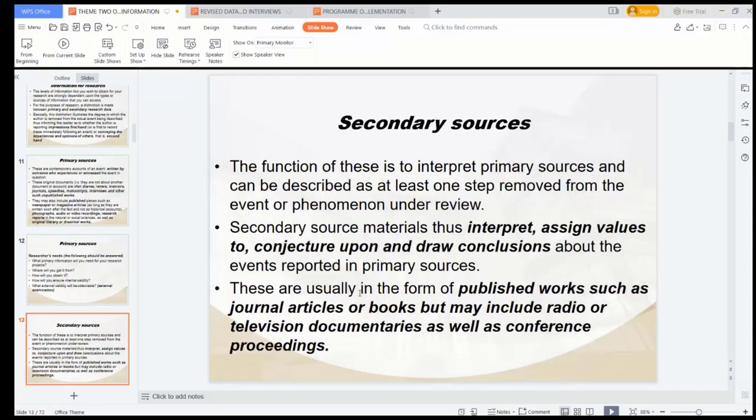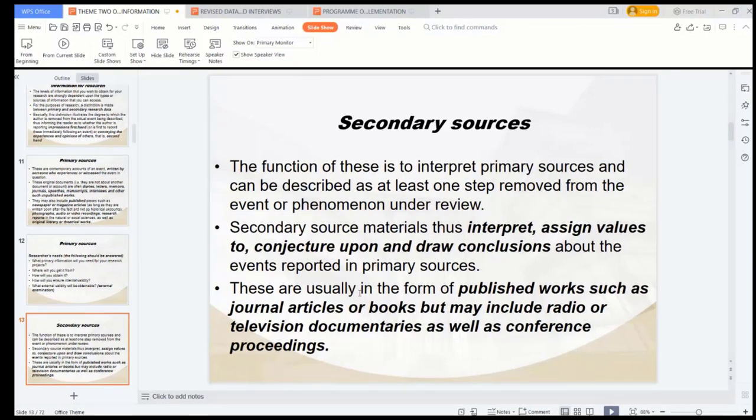And in terms of secondary sources, the function of these is to interpret primary sources, and they can be described as at least one step removed from the event or phenomenon under review. We just heard that primary sources of information are first-hand information. But here is a second step.